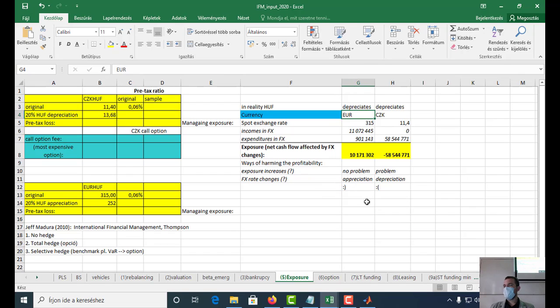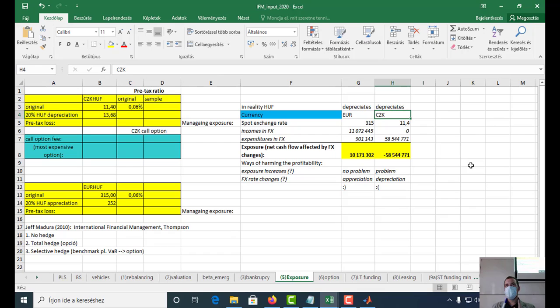So in the case of euro, maybe it's completely useless to do anything because we were able to verify that it's good for the company to have this kind of exposure. But we know that the Czech koruna harms us, so we can choose between creating a well-diversified portfolio, which is useless, so we can't do this. We can't rearrange all the expenditures to have this, so it's not on the table.